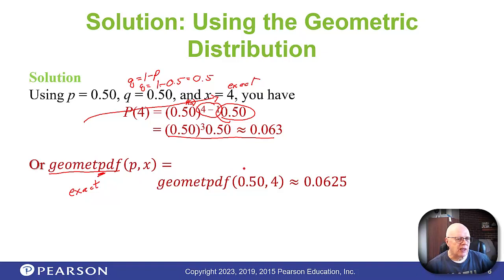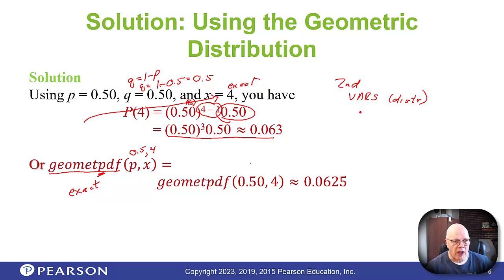And the way we do it is we put the probability first, which in this case is 0.5, and we're talking about it happening on the fourth try. So there's our setup. Go to second, bars, which takes you to the distribution menu, and you go down to the bottom.